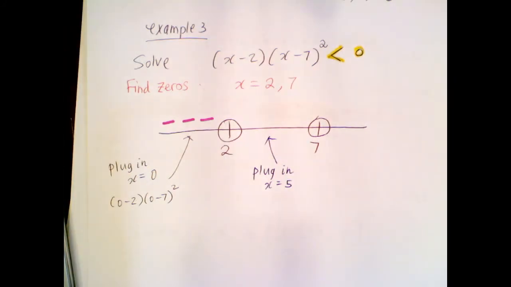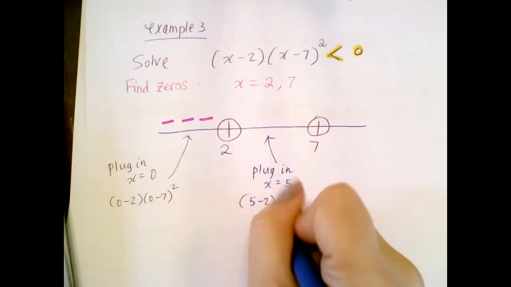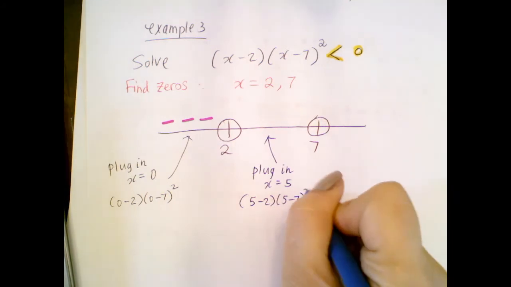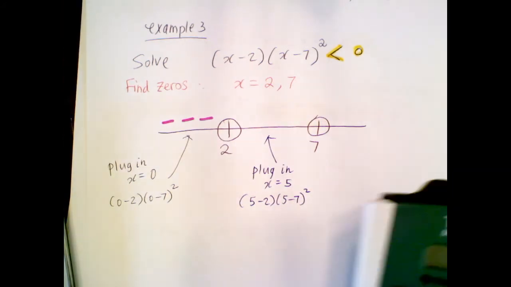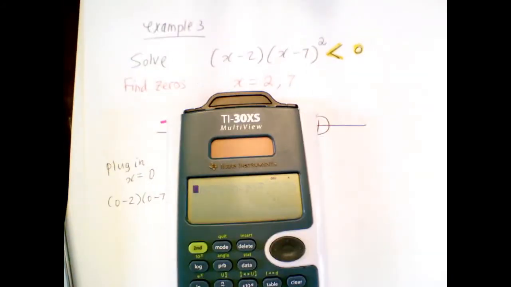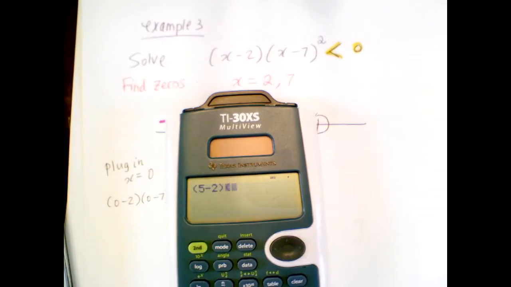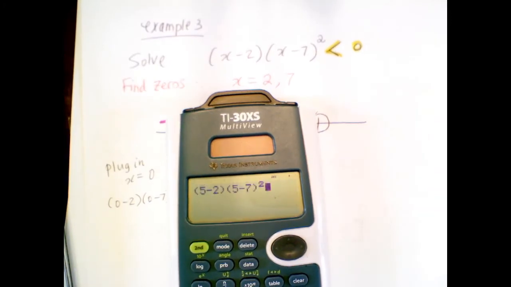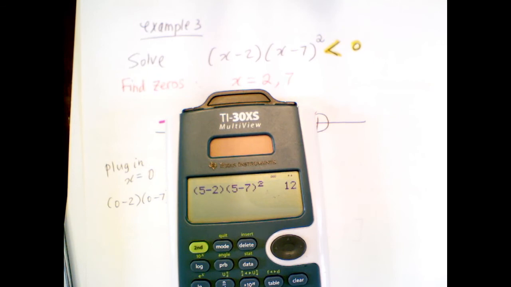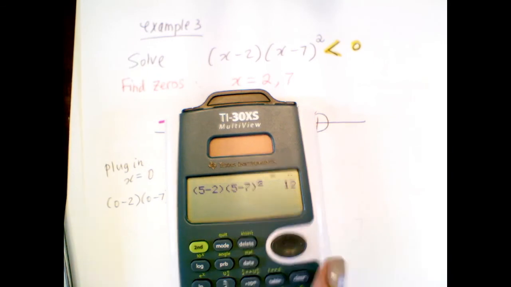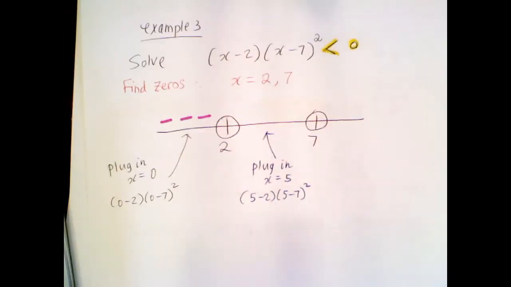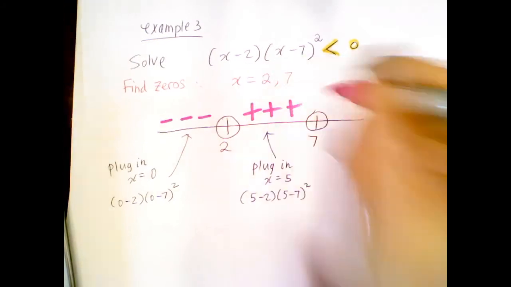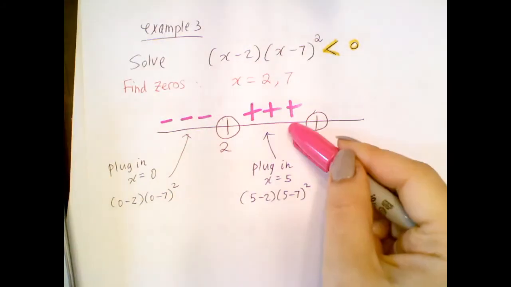If you want to use 3, 4, or 6, that's also okay. 5 minus 2 times 5 minus 7 squared is a positive 12. Not that we care about the number 12, but we just know that it came out to be positive, so I put the positive sign there.